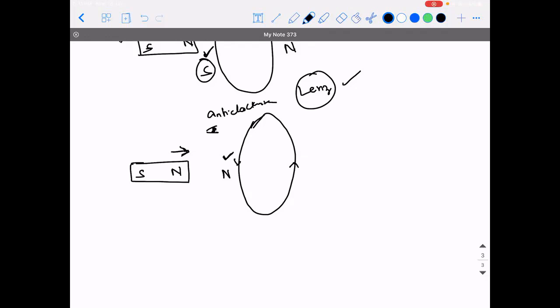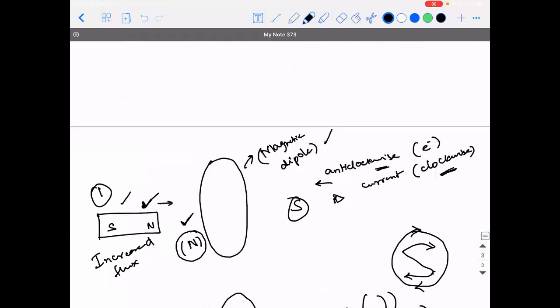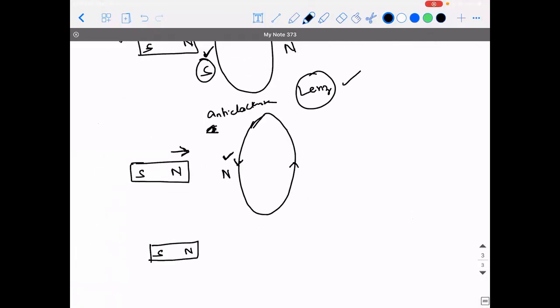If you observe from the side of the bar magnet, then the current will be in the anti-clockwise direction. Obviously when you observe from the other side, the current will be clockwise. Whereas when you take the magnet away from it and observe from the side of the magnet itself, then clockwise current will get generated. It means the opposite polarity will get generated.